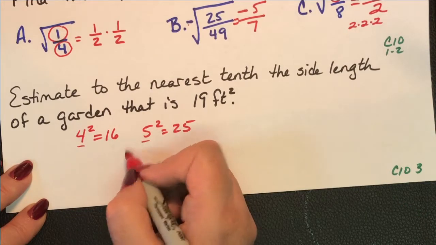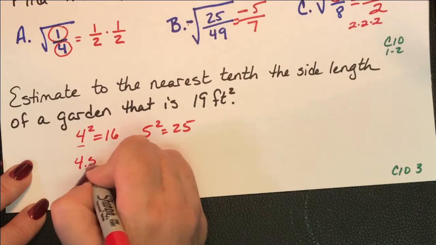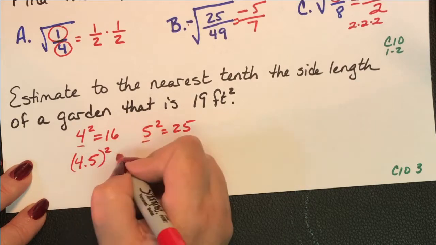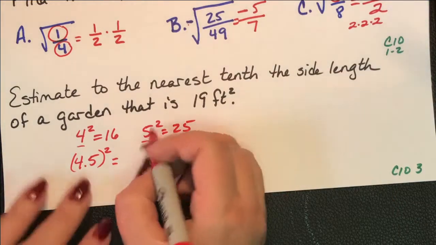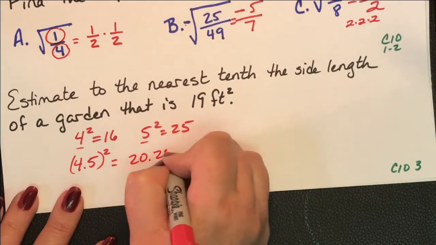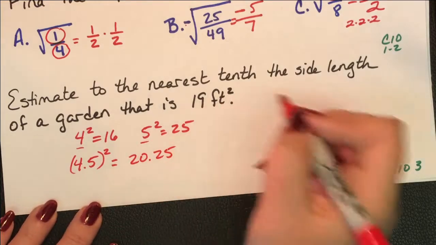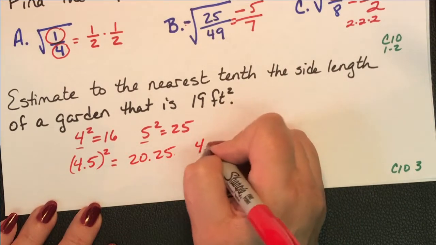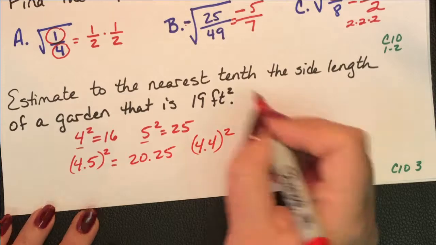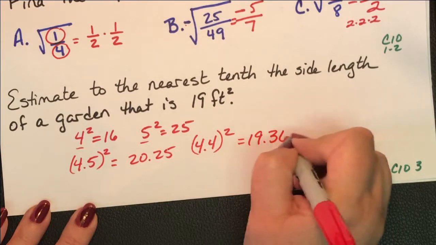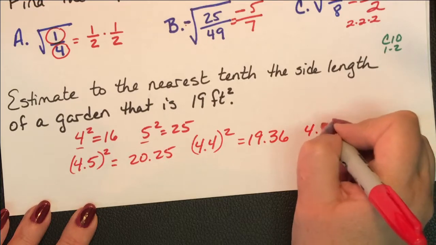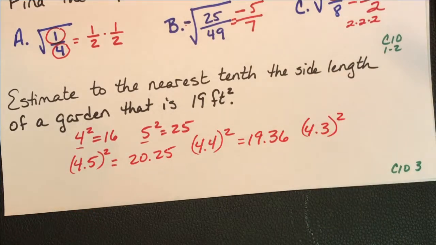If you get out your calculator and you try 4.5 squared, which is where I would start, you're going to get 20.25, and you're going to try and get closer to 19 than that. So we're going to try 4.4 squared on your calculator, and that gets you 19.36. So let's try 4.3 squared.